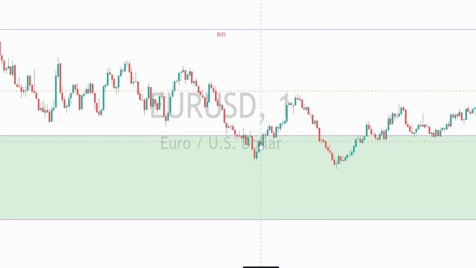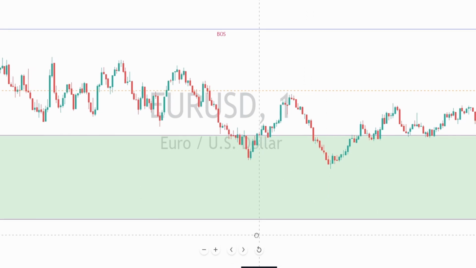Now, this could have been a more aggressive entry, but if you would have shown some patience to see what it's planning to do, it comes back a second time. Lots of selling pressure. And then what do we see here? Signs of exhaustion, followed by an engulfing pattern.